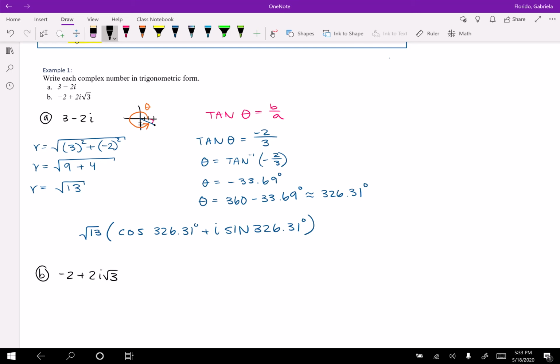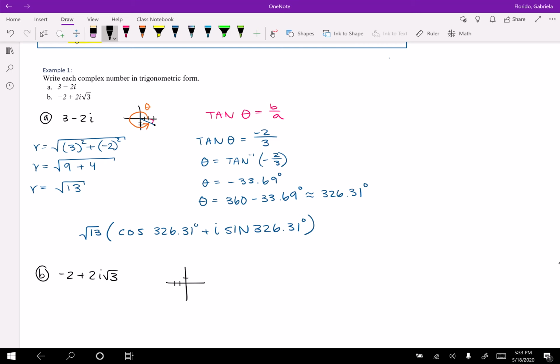So I like to plot this point or have an idea of where this point lands in which quadrant. Again, that's going to help me with figuring out what the argument is. So my real part is -2, and my imaginary part is 2 square root of 3.